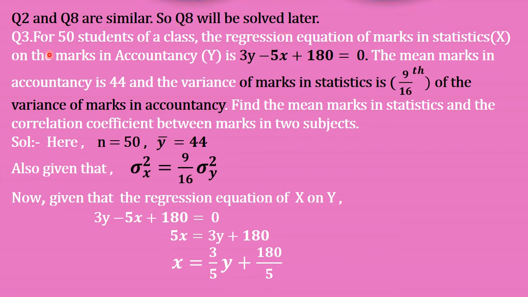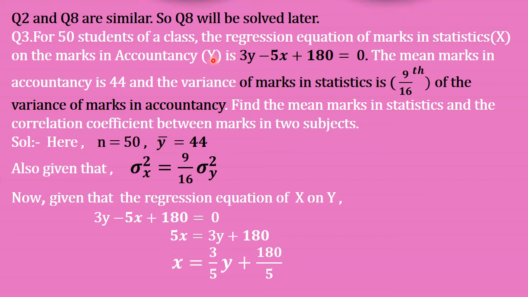Now, question 3. For 50 students of a class, the regression equation of marks in statistics, which is taken as the variable x, on the marks in accountancy, which is taken as y, is 3y minus 5x plus 180 is equal to 0. The mean marks in accountancy is 44, that is y bar.